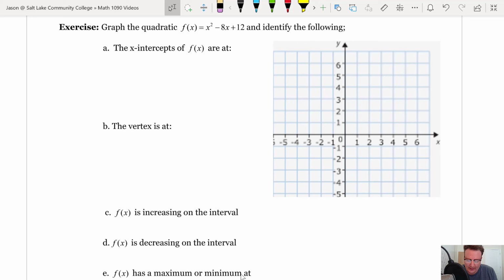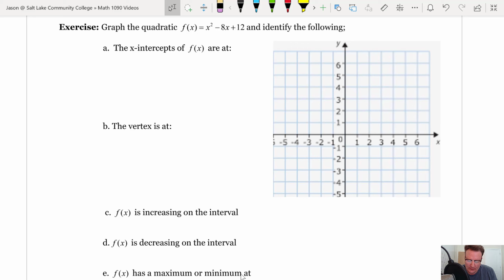Finding the x-intercepts, the y-intercept, and the vertex is really helpful when graphing a quadratic function. Those are the things you want to always find: the x-intercepts, y-intercept, and the vertex. Depends on how many x-intercepts you have, right?